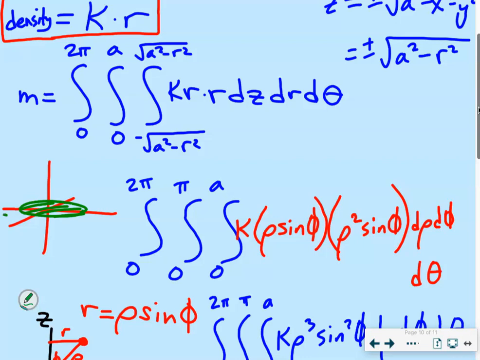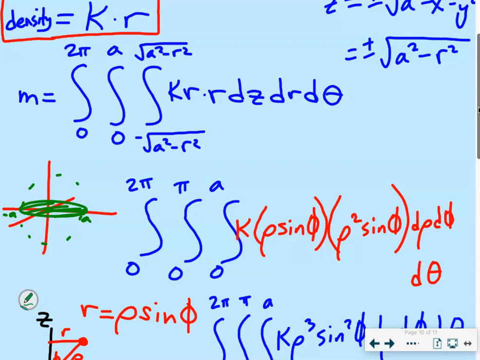So we're going from negative a to a, and we're in polar. So our r goes from 0 to a, our theta goes from 0 to 2 pi, and for z, you would just solve that original function for z, right? Square root of a squared minus r squared, negative to positive, which you could just double and make the lower limit 0.